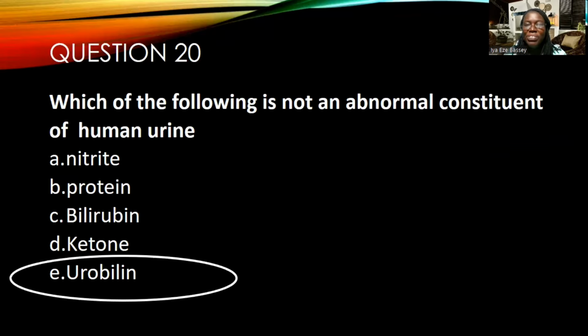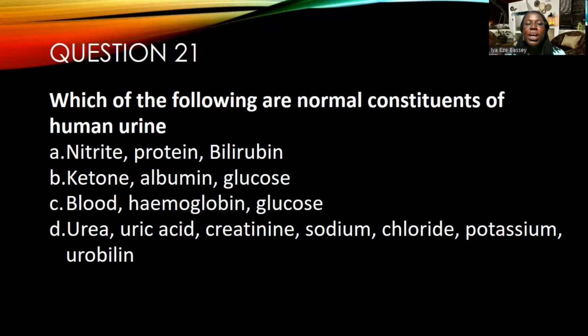I choose urobilin. Urobilin is a pigment, part of the pigments that give urine its yellow color. It's a normal constituent of urine. The more concentrated the urine, the more yellowish the color, and vice versa.